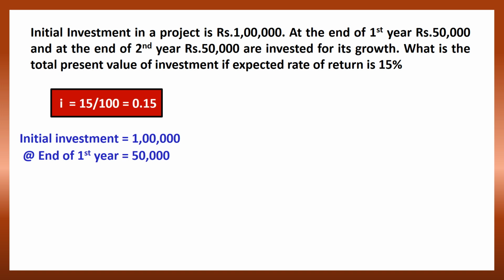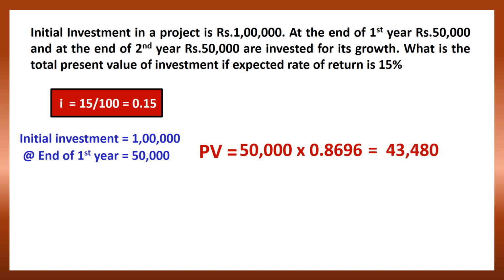So we are choosing the column of 15 percentage and row of 1 year. That element is 0.8696. So 50,000 into 0.8696 is 43,480. That is the present value of 50,000 invested at the end of first year.